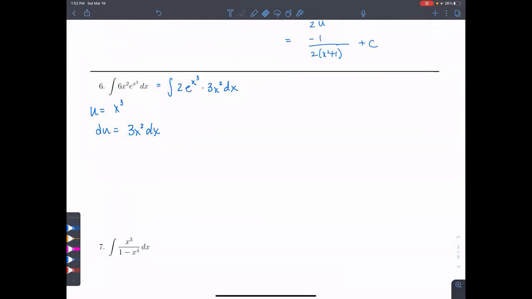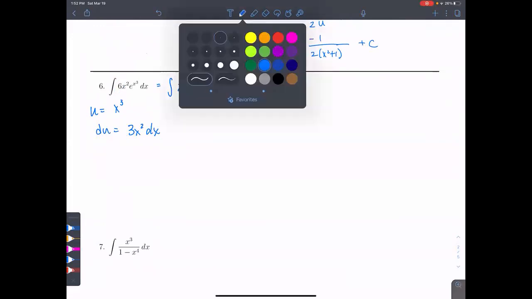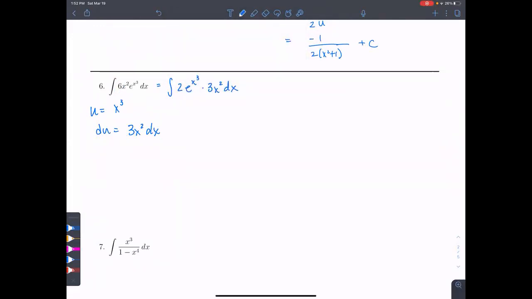This is kind of tricky. Okay, so this is actually equal to 2 times the integral of e to the u times du. And then that would be just 2e to the u plus c, which is 2e to the x cubed plus c.